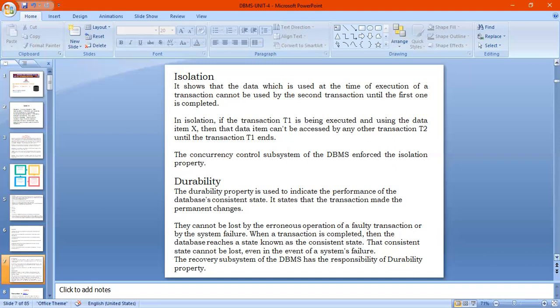They cannot be lost by the erroneous operation of a faulty transaction or by system failure. When the transaction is completed, the database reaches a state known as a consistent state.